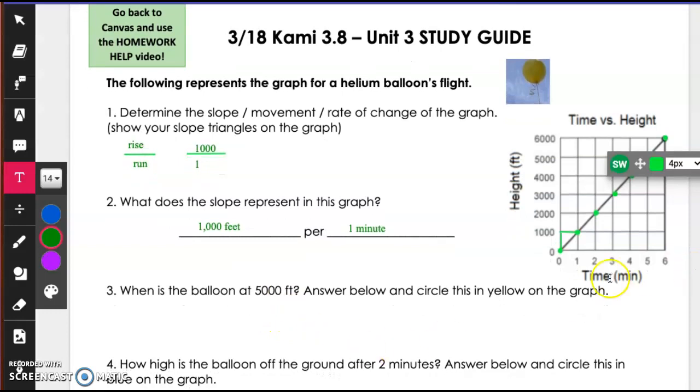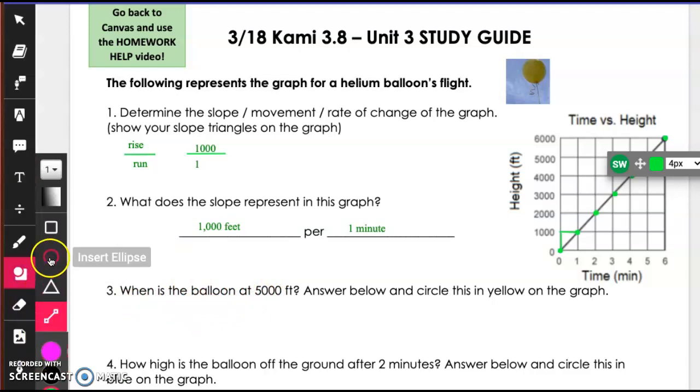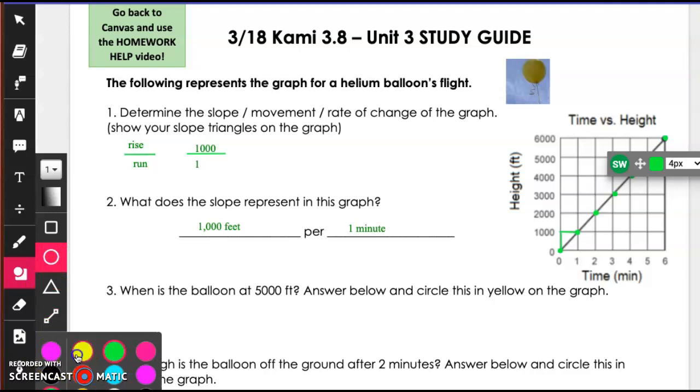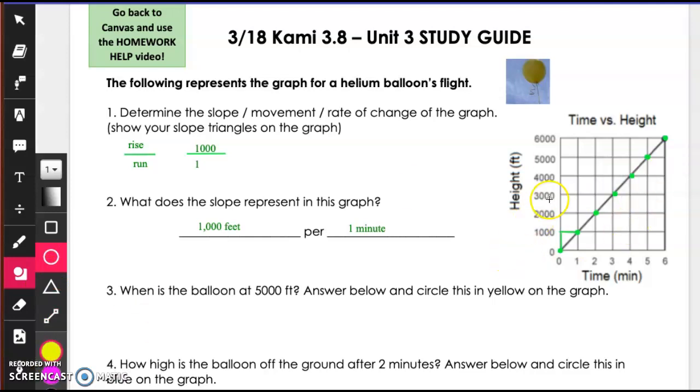The next question is, when is the balloon at 5,000 feet? And we are asked to circle it in yellow. So let me grab yellow. 5,000 feet. The feet is on our y-axis. I see 5,000 feet, so I'm going to head over to my line. It's this point right here.